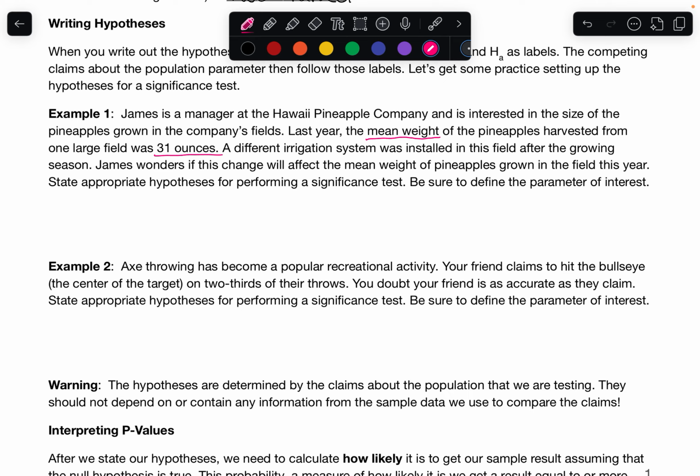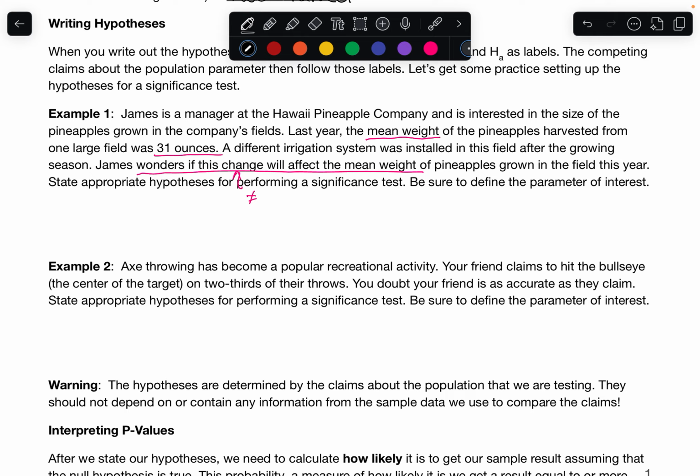James wonders if this change will affect the mean weight. But notice when he says will affect, he doesn't say will increase or will decrease. That tells me that James is just interested in a change. And when we're just interested in a change, our alternative hypothesis becomes a not equal to question.